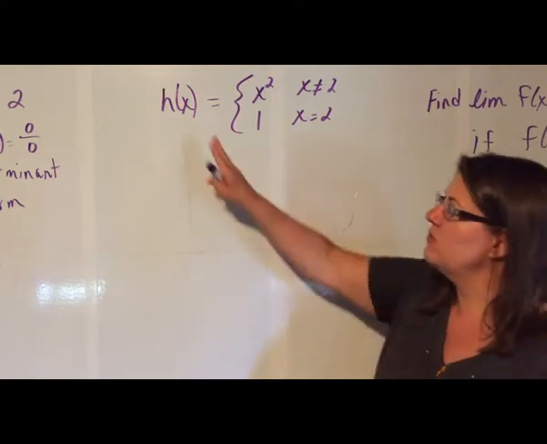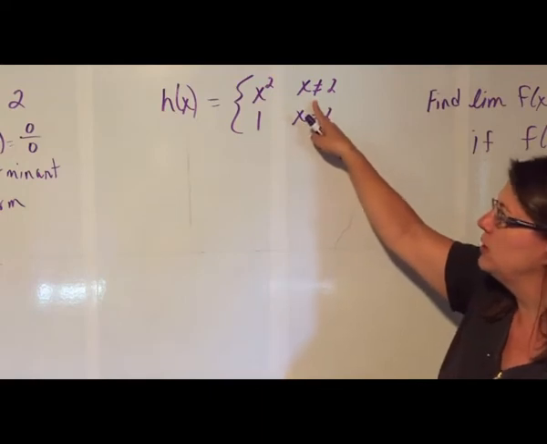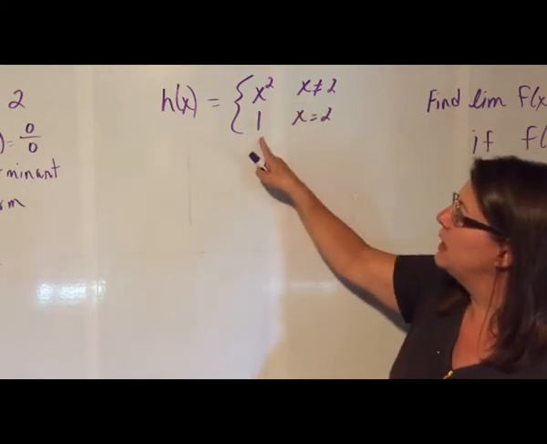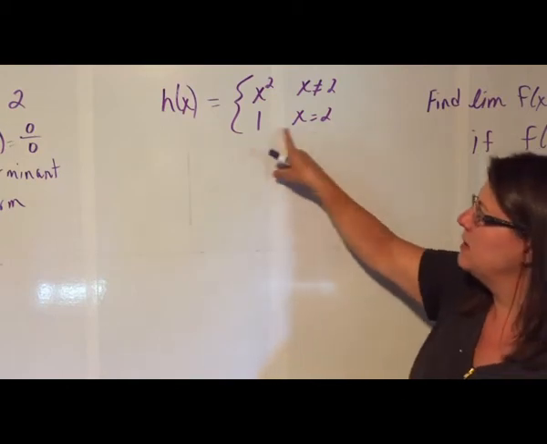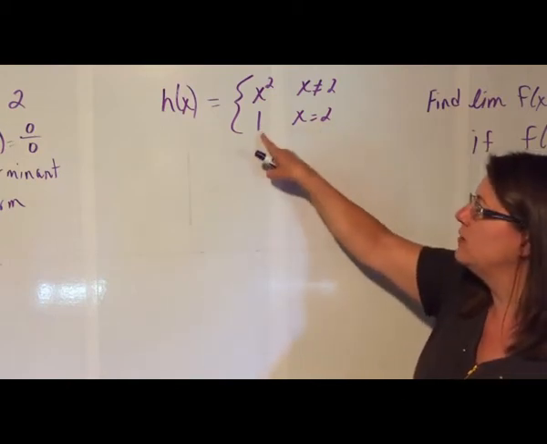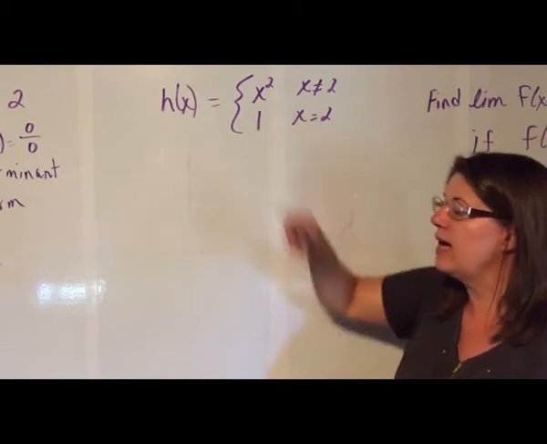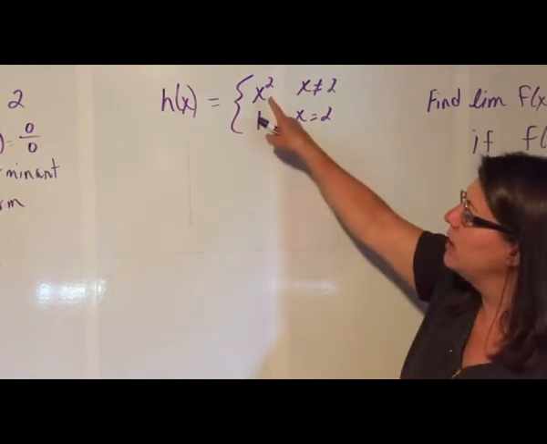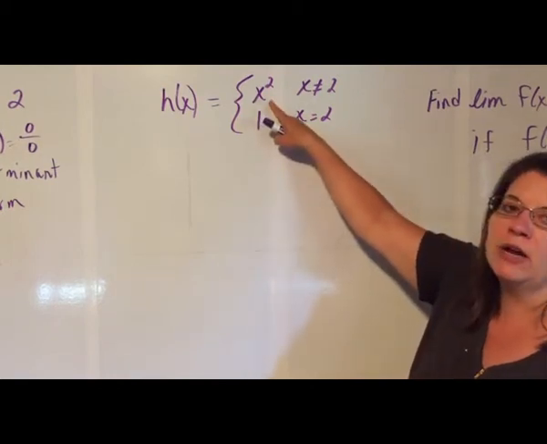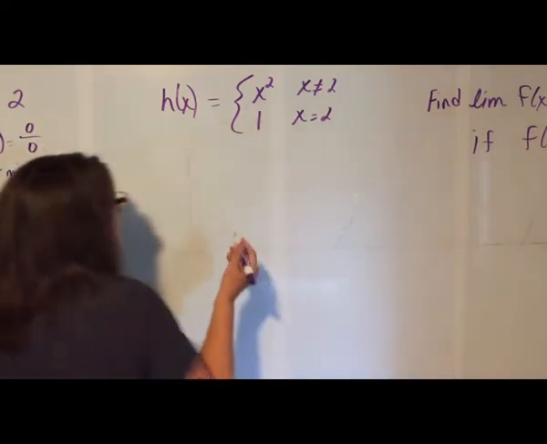Okay, so it says h of x equals x squared when x is not equal to 2, but h of x equals 1 when x equals 2. So basically what they've given us here is the point (2, 1) is on the graph, and everywhere else the function y equals x squared is also on the graph. So if you think about y equals x squared, well, that's your parent function for a parabola. So let's look at what that would look like first.